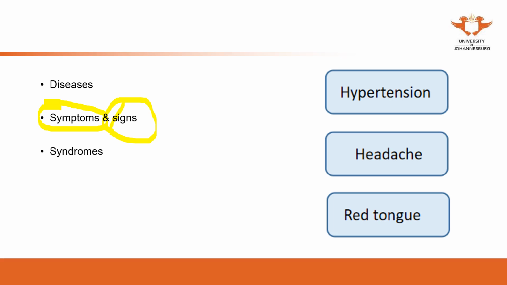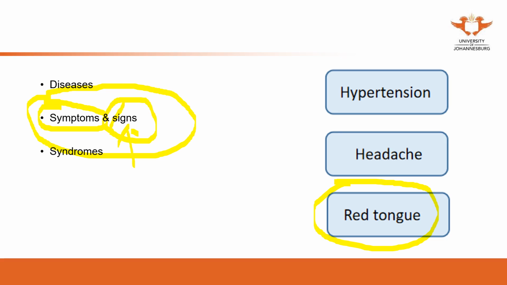For example, cough can be a symptom and also can be a sign. The red tongue, or the enlargement of the lungs. These are all signs from the examination by the doctors. So that's the difference between symptoms and signs. Sometimes one can be both symptom and sign.